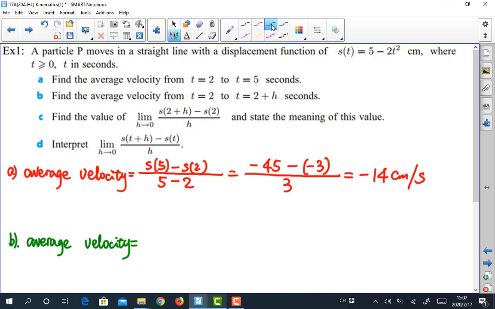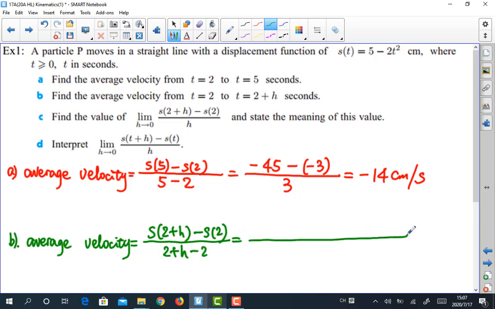Let's look at the average velocity from t equals 2 to t equals 2 plus h. So it's still the same as A. Average velocity is always the gradient of a chord between 2 points on the graph of s of t. So it should be the change in the displacement over the change in time.